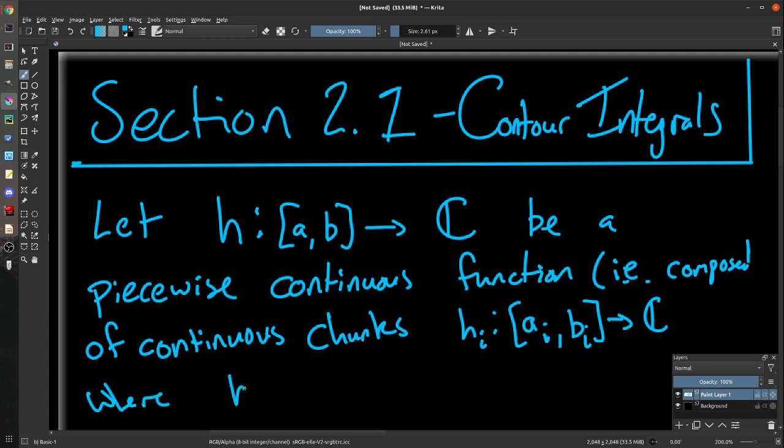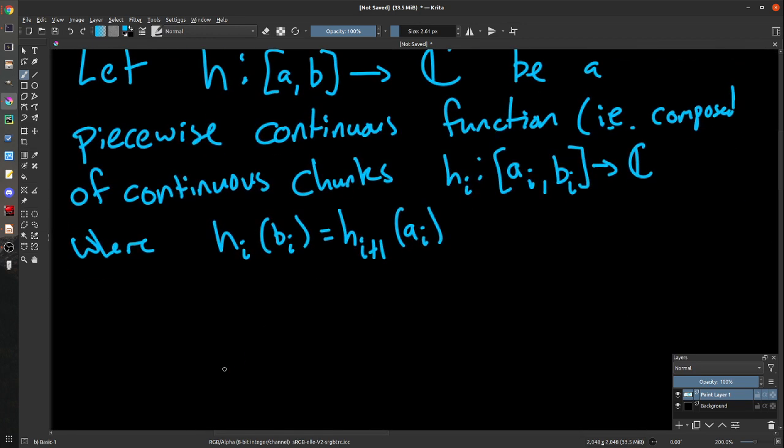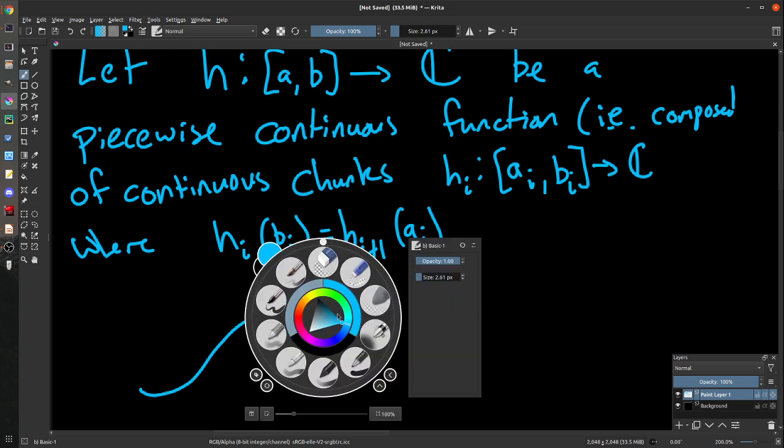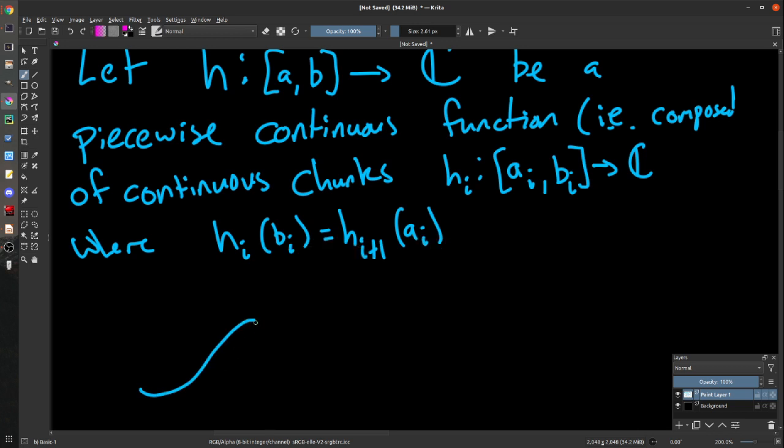where h_i(b_i) is equal to h_{i+1}(a_{i+1}). Think of it like you have this piece, and we can kind of jump around and it's all good.